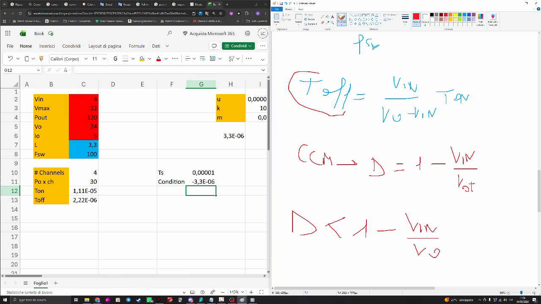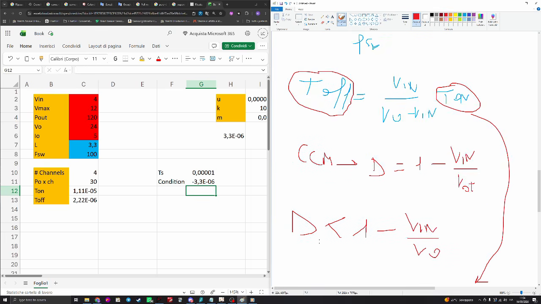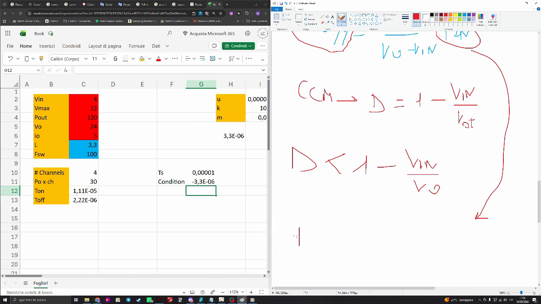Okay, here we have T off, and here we have T on. So from this formula, we can write that T on, we can move all the other terms to the other side.